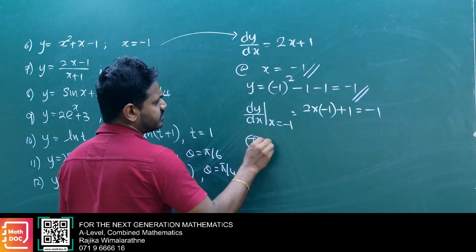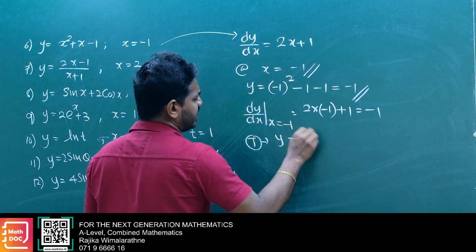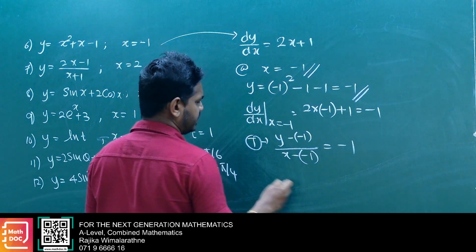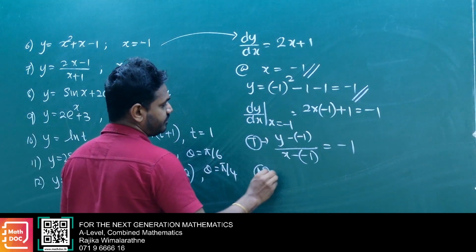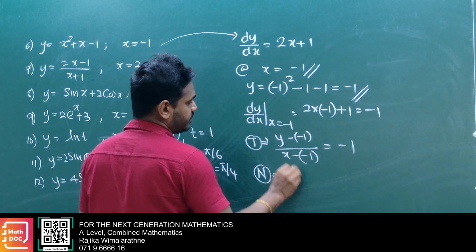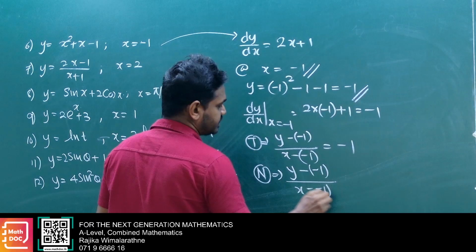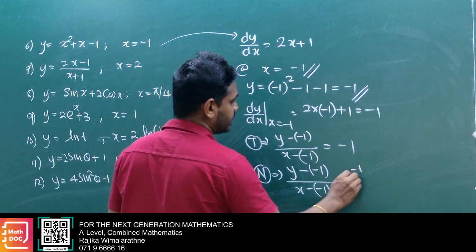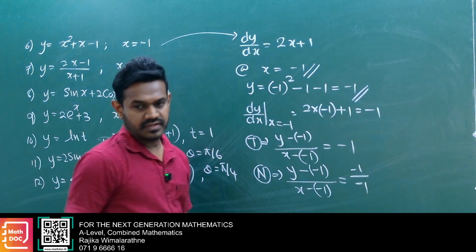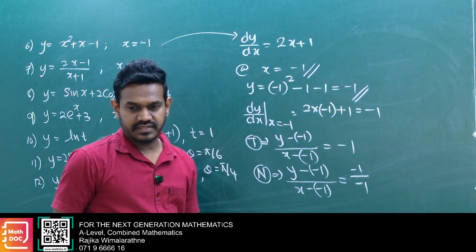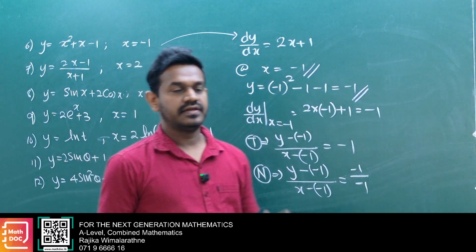Therefore tangent: y minus minus 1, x minus minus 1 equals minus 1. Normal: y minus minus 1, x minus minus 1 equals minus 1 over m, that is minus 1 over minus 1. Simplify and find it.